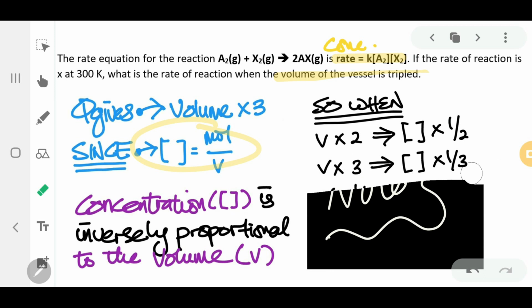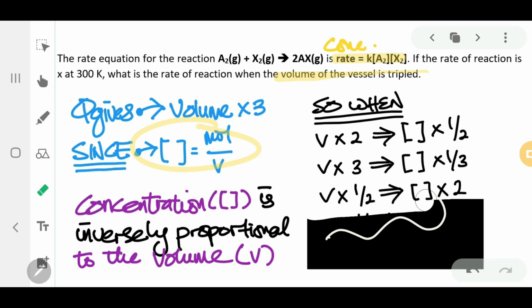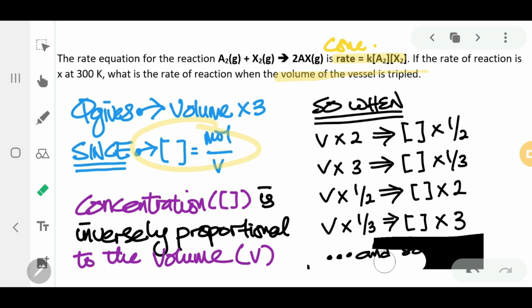And if the volume is tripled, the concentration will be times 1 over 3. And if you have the volume times 1 over 2, or half, the concentration will be the other way around. It will be multiplied by 2, and so on.